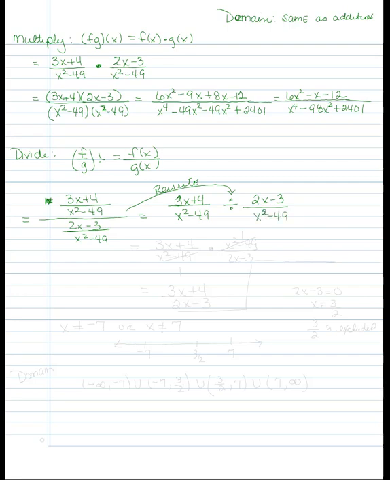Now, what do we know about dividing of fractions? Right. Multiply by its reciprocal. Keep the first fraction the same. Change your division to multiplication. Flip the second fraction.